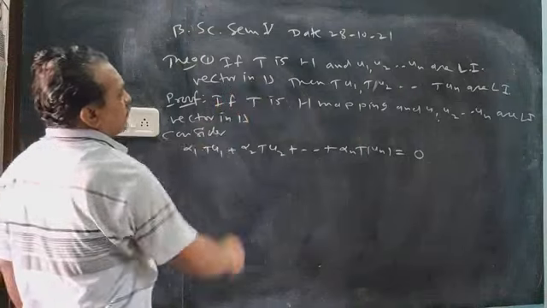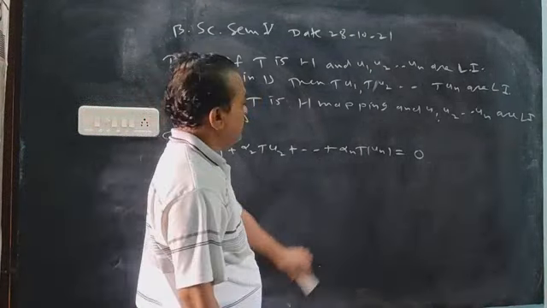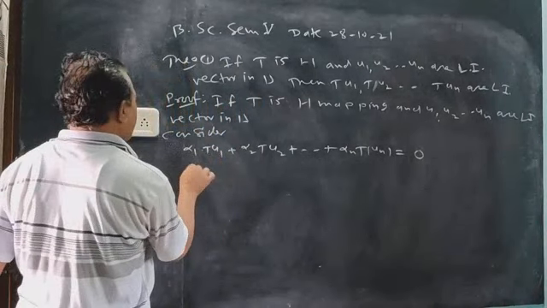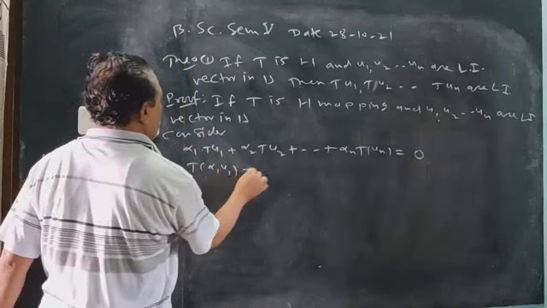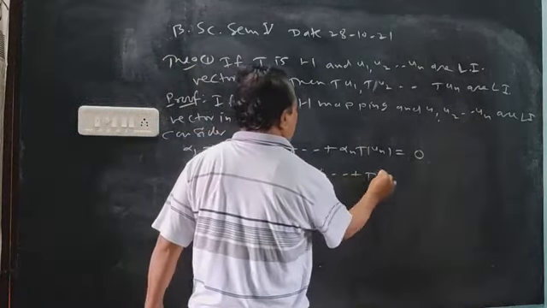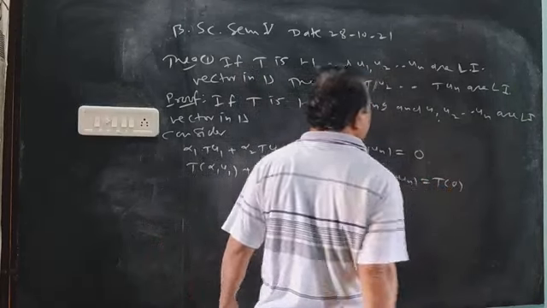Now T is a linear transformation, no doubt. So T of alpha 1 u1 plus alpha 2 u2 plus alpha n un. Now 0 is, we know T of 0 is 0.